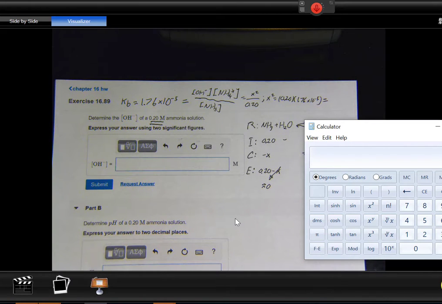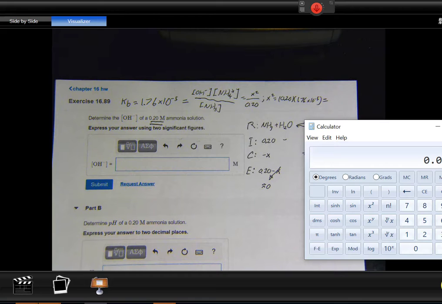Okay, so we have a calculator here, 1.76, and then exponent 5 negative, okay? And then times 0.2, and we get that number.